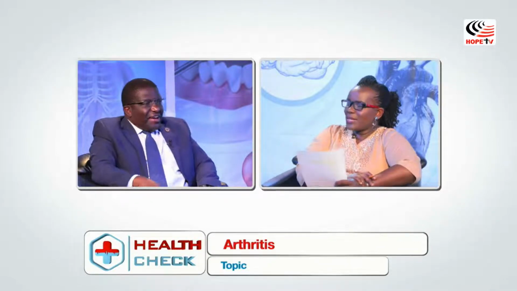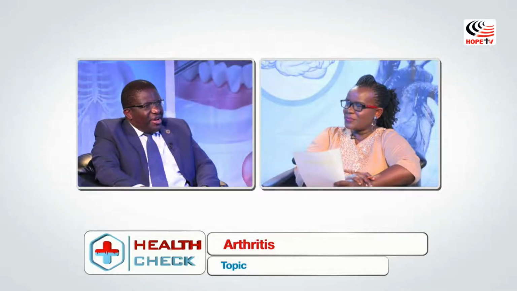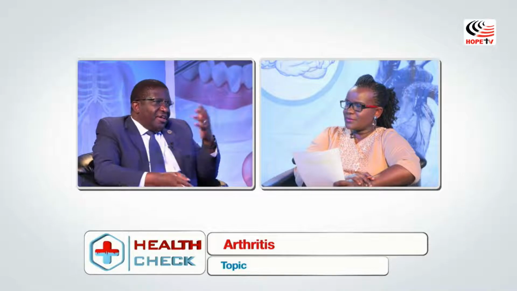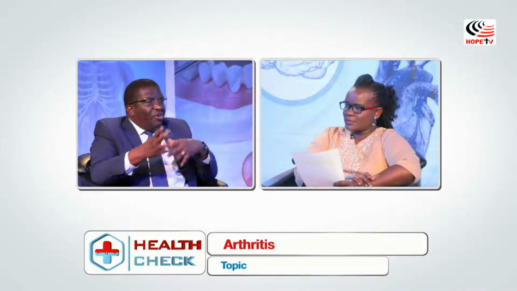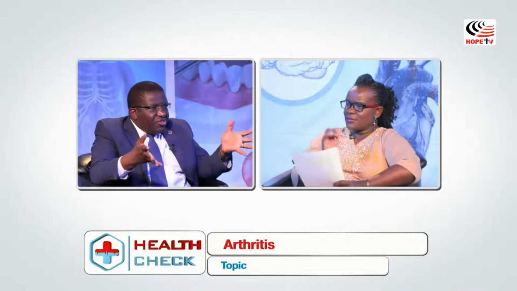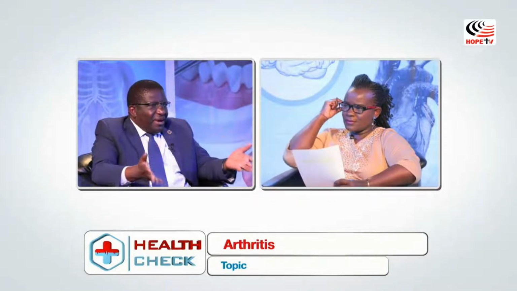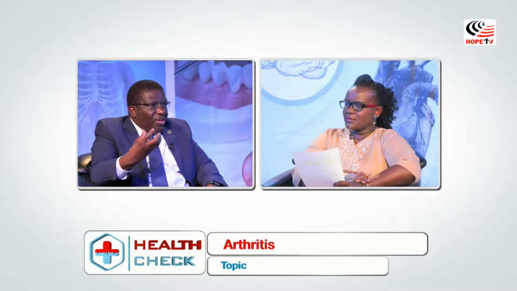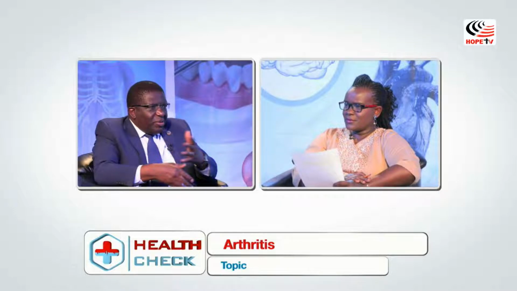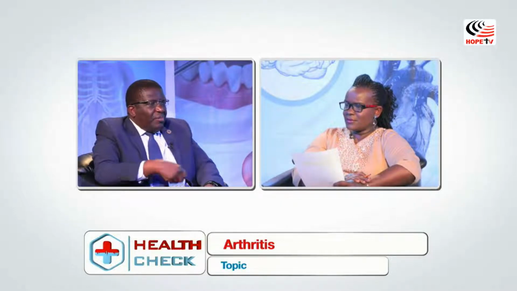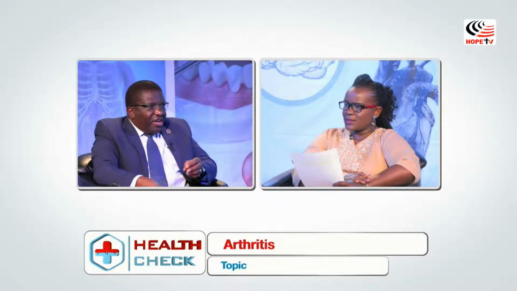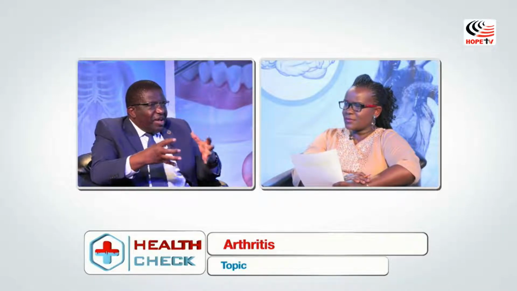Reactive arthritis is arthritis which comes as a result of some infection, either in the urinary tract or in the intestinal system. You are affected by certain bacteria or organisms like chlamydia. When part of the organism is deposited in the joints, the body reads it as foreign and starts fighting the joint, and the joint reacts with pain and swelling.